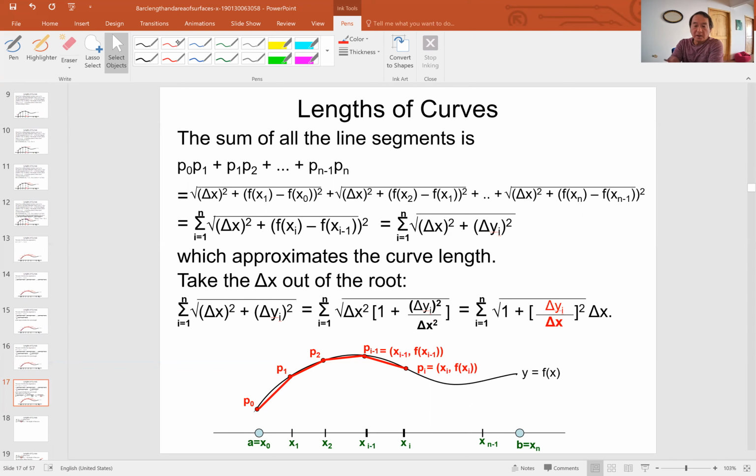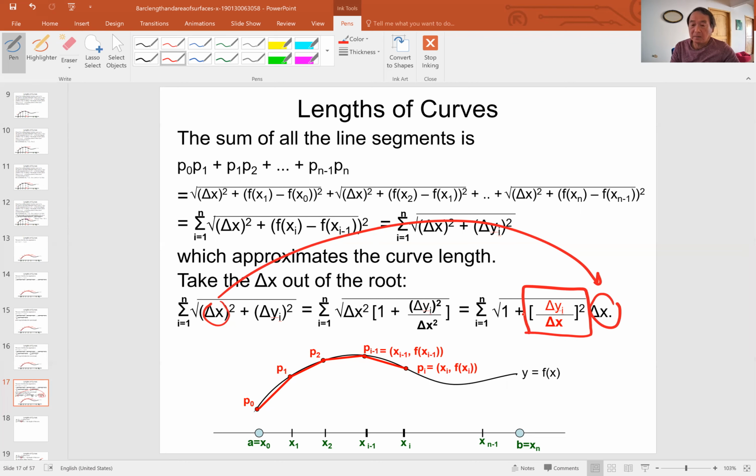Here is the algebra. I can reformulate by pulling out the delta x and putting one copy of delta x outside. When you do that, you get derivatives as delta x goes to 0.